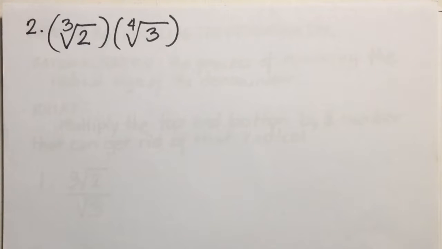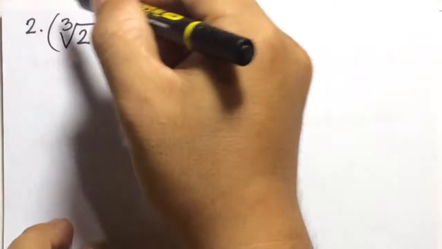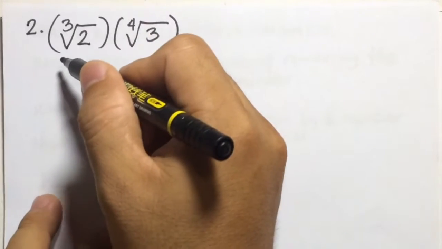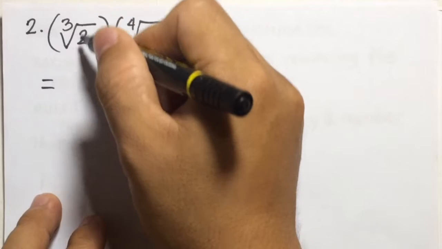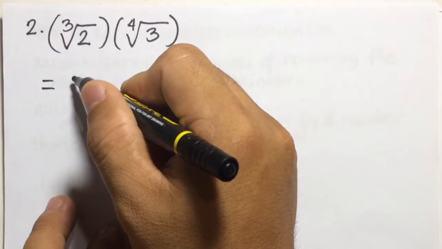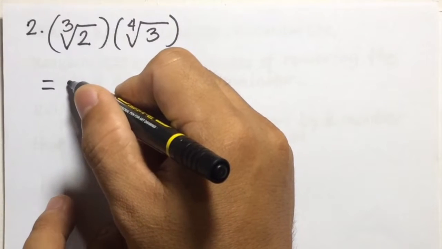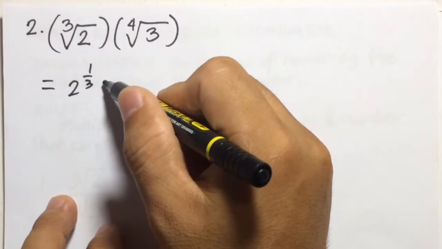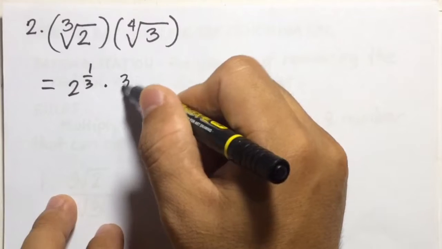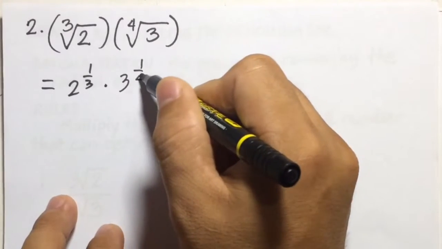Example number 2, cube root of 2 times fourth root of 3. So we're going to make the two the same index or order. So we're going to have here, expressing this one in exponential form, that will be 2 to the power of 1/3. Then times 3 to the power of 1/4.